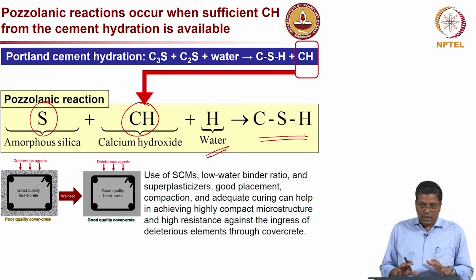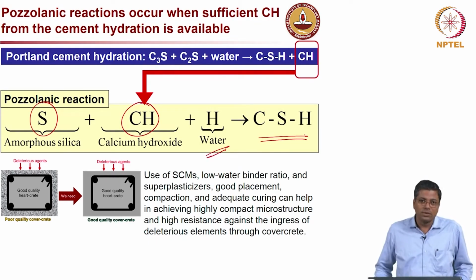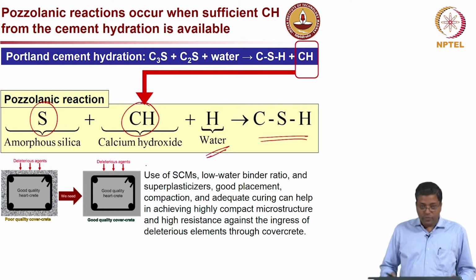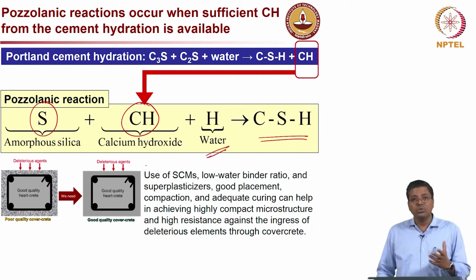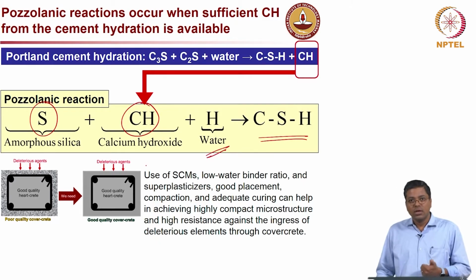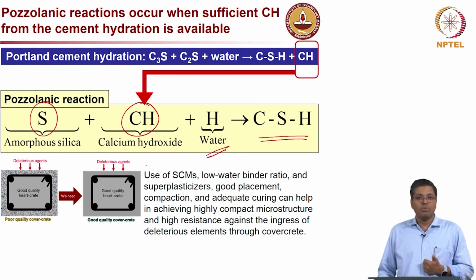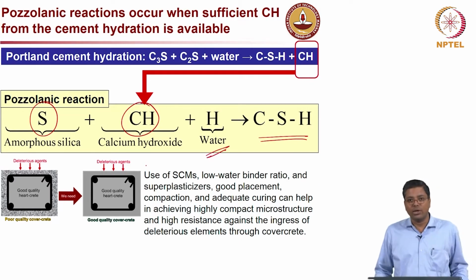So, that enables it to form a more compact microstructure which is also stronger and, in most cases, more durable. So, the outcome of this entire discussion is the use of SCMs, a low water binder ratio, sufficient quantities of superplasticizers, and also good placement and compaction procedures and adequate curing.